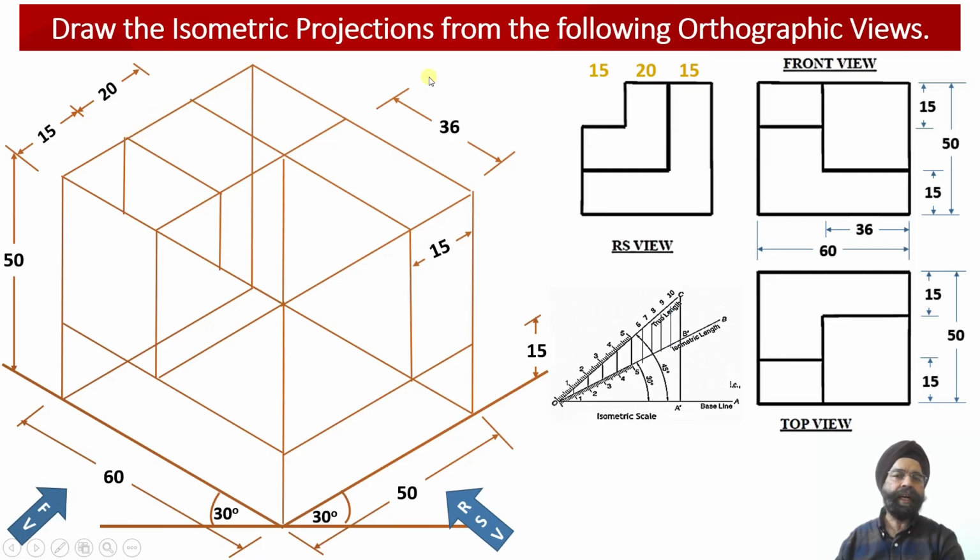We can check over here. So this is a distance of 35 millimeter from the rear side. We are going to move 15 millimeter because this height has been provided to us as 15 millimeter. And now the horizontal projectors we are going to draw over here, that is corresponding to this width which is equal to 15 millimeter. So this is 15, this is 20, and this is 15.